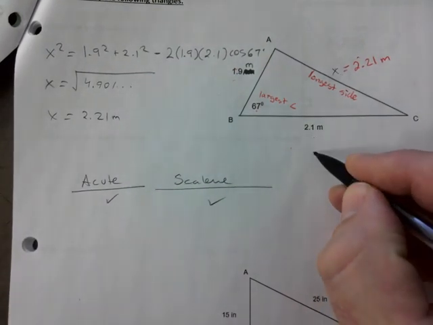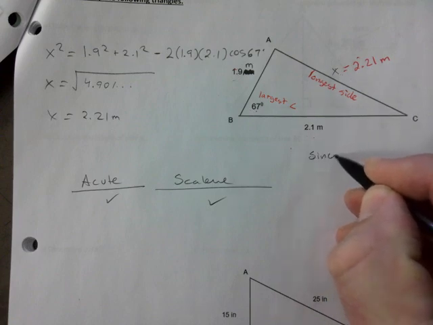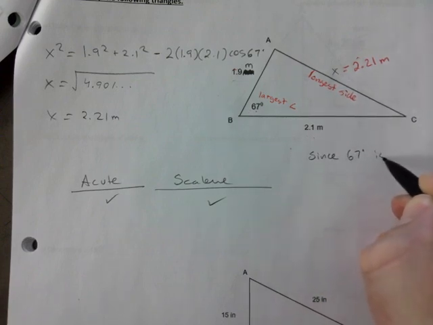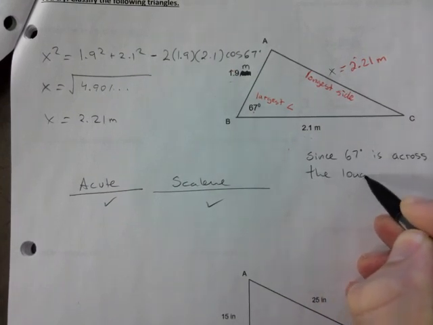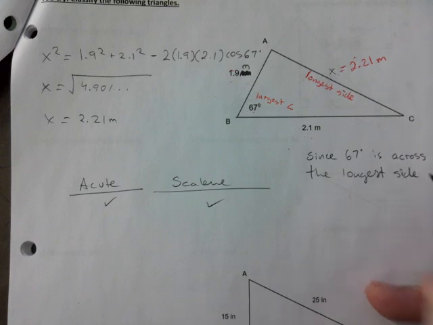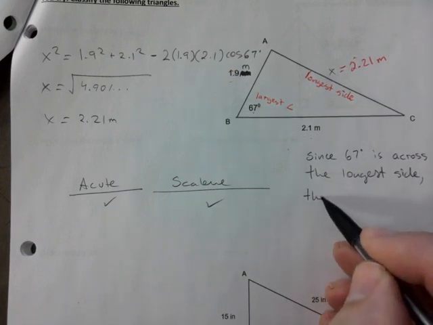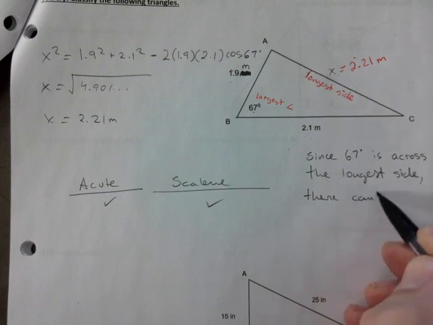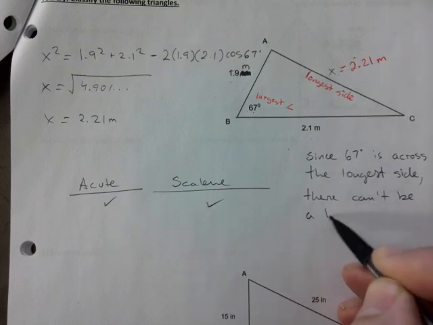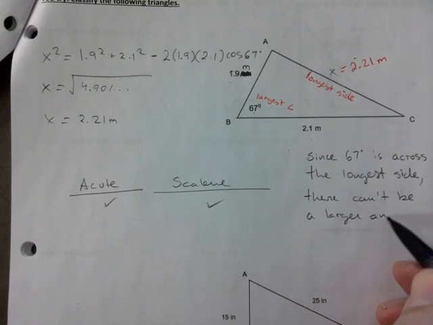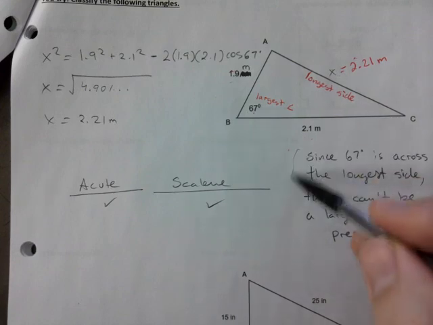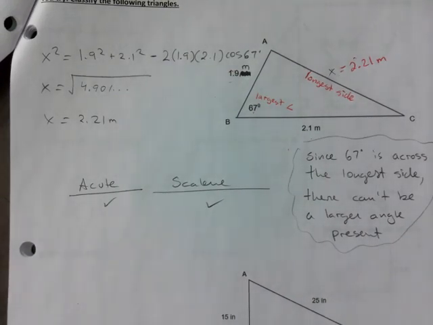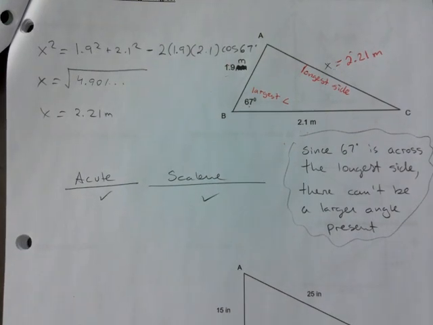Since 67 is across the longest side, there can't be a larger angle present. In this case, you're restricted to 67 degrees or less.